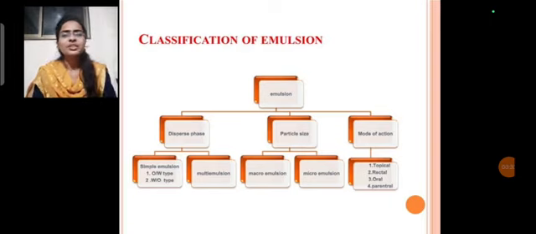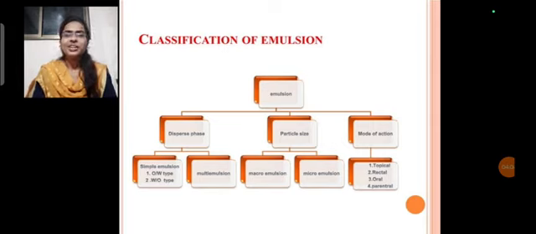According to the dispersion phase, there are two classes of emulsion. First one is the simple emulsion and second one is the multiple emulsion. In simple emulsion, there are two types of emulsion present. First is O/W type of emulsion and second is W/O type of emulsion, and next one is the multiple emulsion.